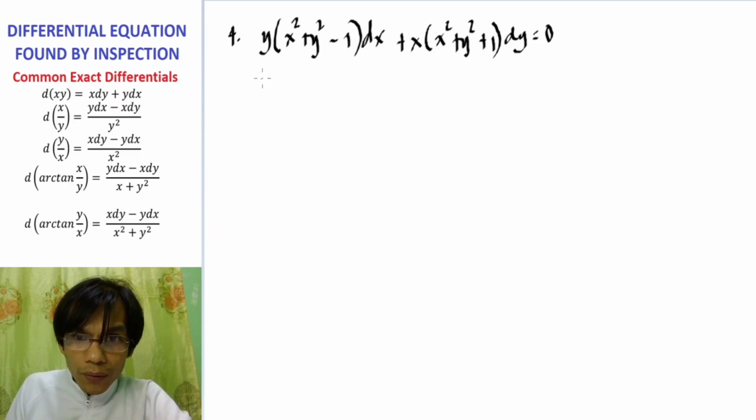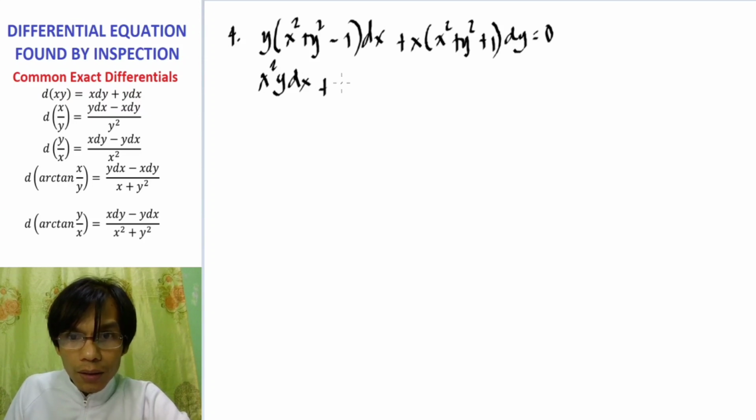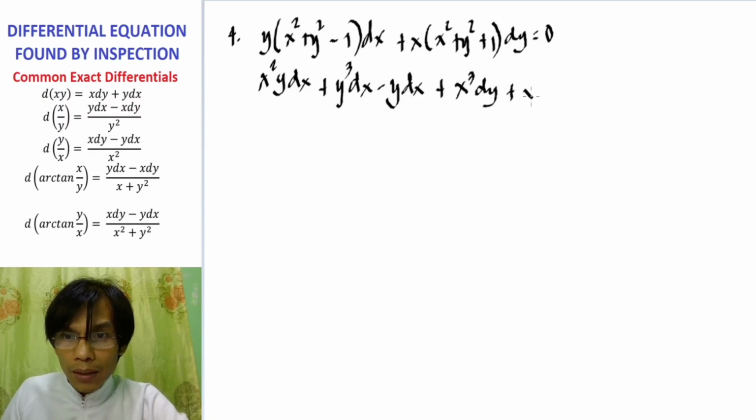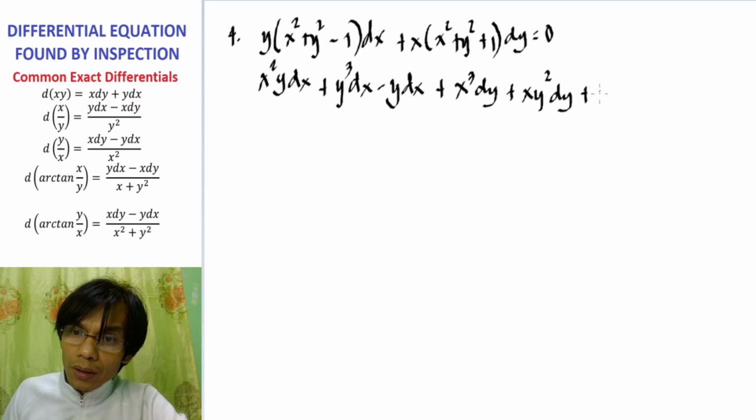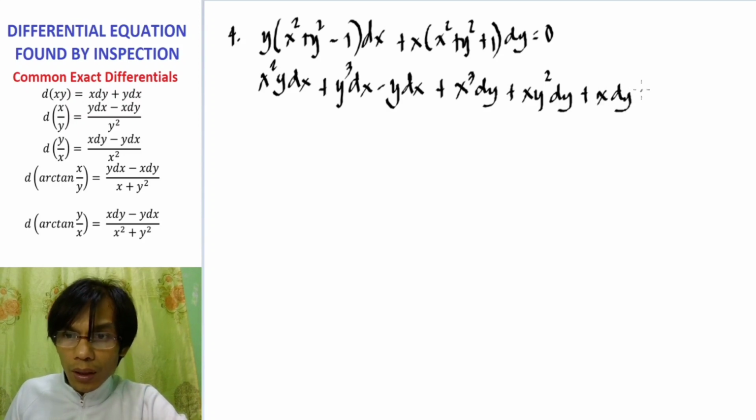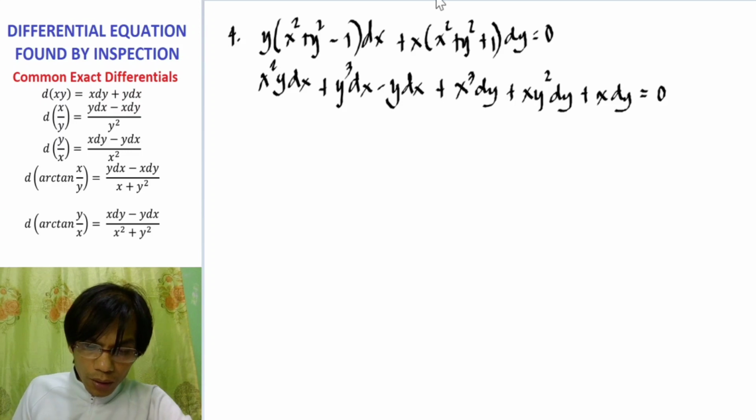So we have x squared y dx plus y cubed dx minus y dx, plus x cubed dy plus xy squared dy plus x dy, and that is equal to 0.